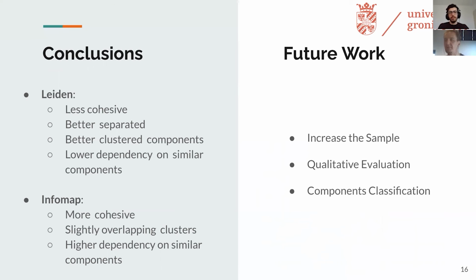And when you want a trade-off of these characteristics, when you want a better understanding of the cohesion of those components in terms of the semantics, yes, Infomap has that sort of an edge.